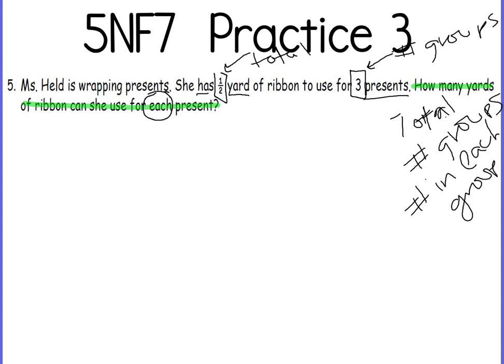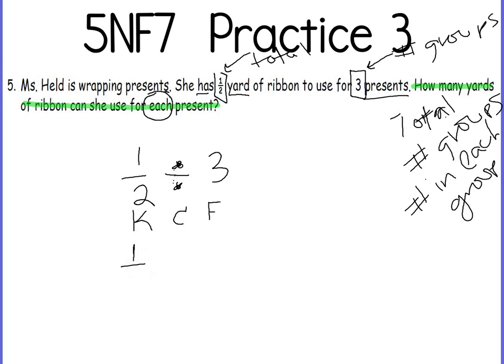Again, if I have a total of 20 students and I want 5 groups, I have to do 20 divided by 5. Well, in this case, I have 1/2 yard, and I want 3 groups, so I have to divide that by 3. But now remember, I don't actually use division; I actually am going to use multiplication. We have that process: keep, change, flip.